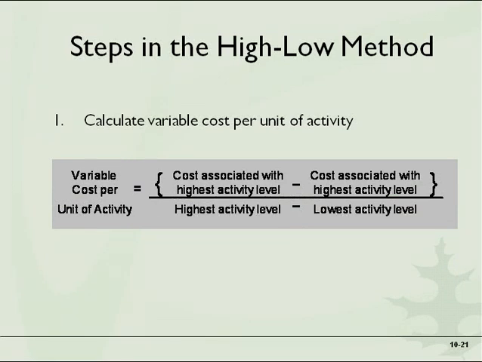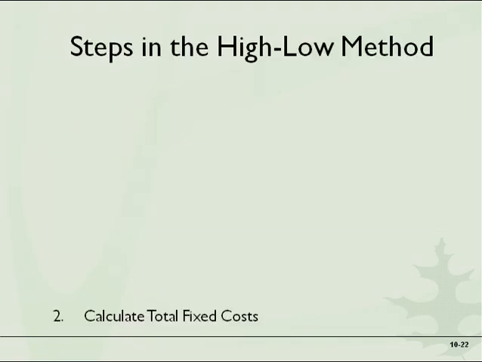You would take the cost associated with the highest level of activity, subtract the cost associated with the lowest level of activity, and then divide the difference in cost by the difference in activity levels, and that will calculate a variable cost per unit of activity.